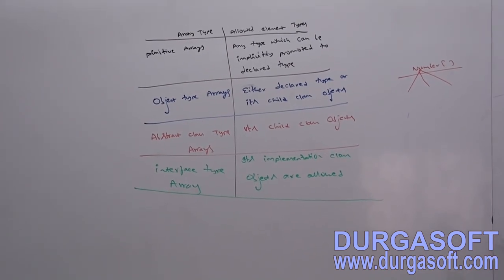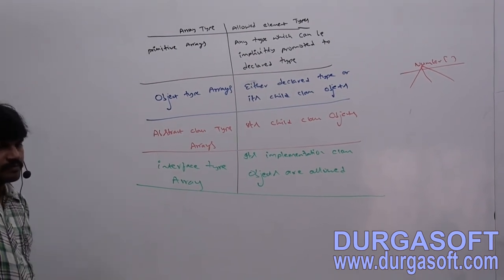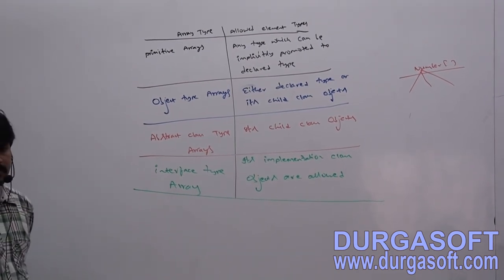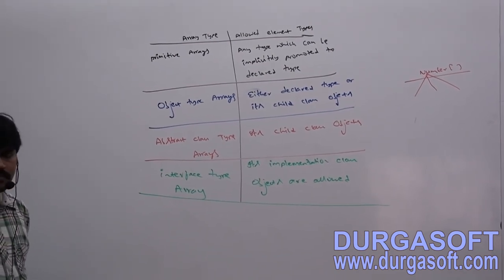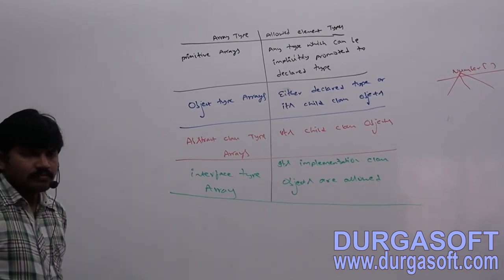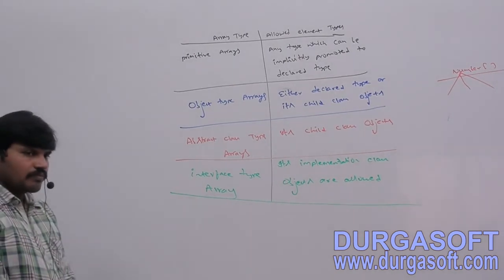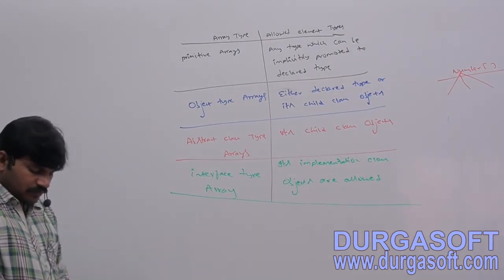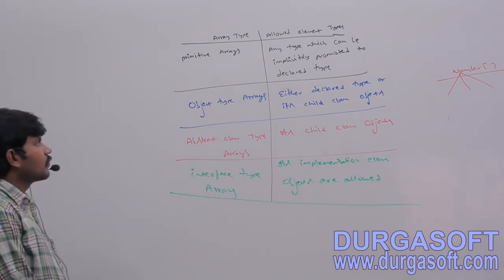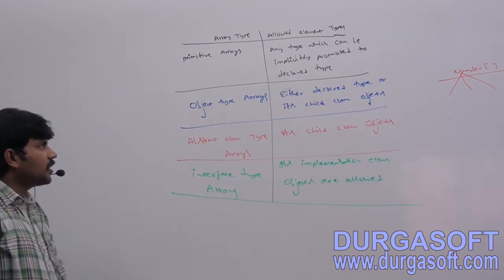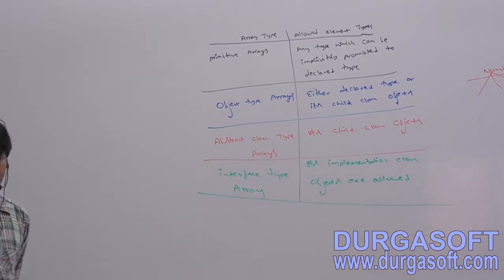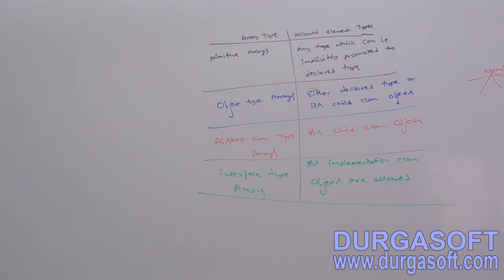Array type, allowed element type. Primitive arrays: any type which can be implicitly promoted to the declared type.